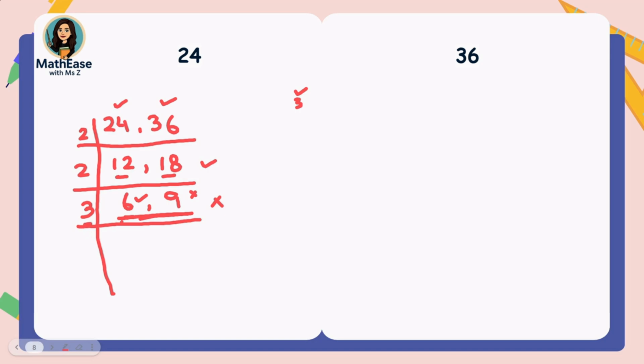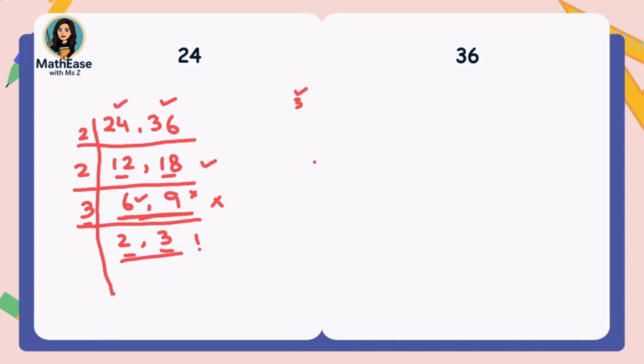So 6 divided by 3 is 2, and 9 divided by 3 is 3. At this point, 2 and 3 cannot be divided by the same prime number anymore. So we stop right there. This is the first step that you need to take.